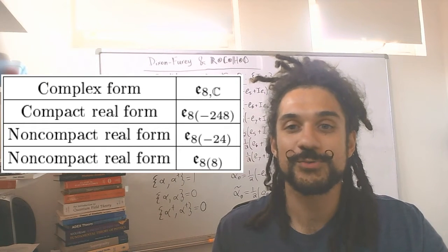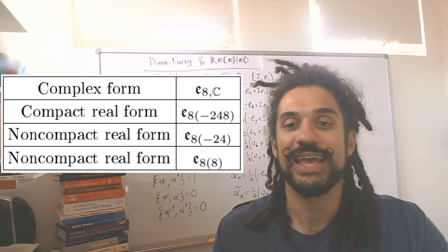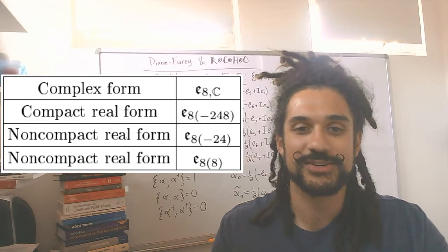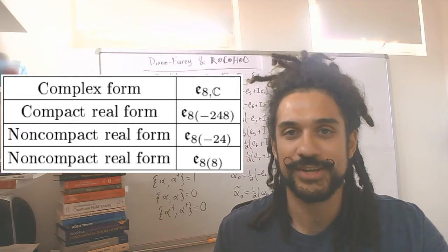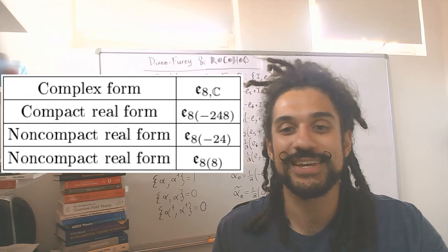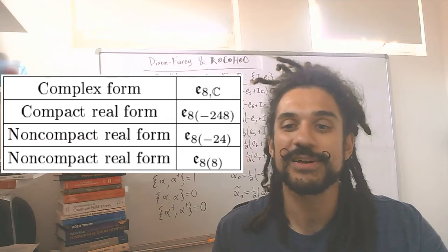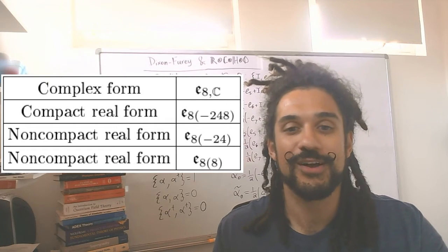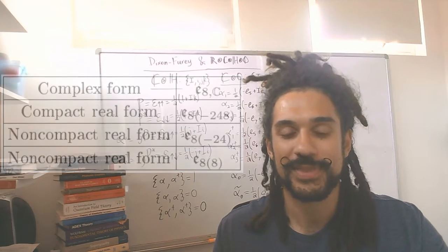E8(-24) has 112 non-compact generators and 136 compact generators, which is sometimes called the quaternionic real form. E8(8) has 128 non-compact and 120 compact generators, which is often called the split real form.